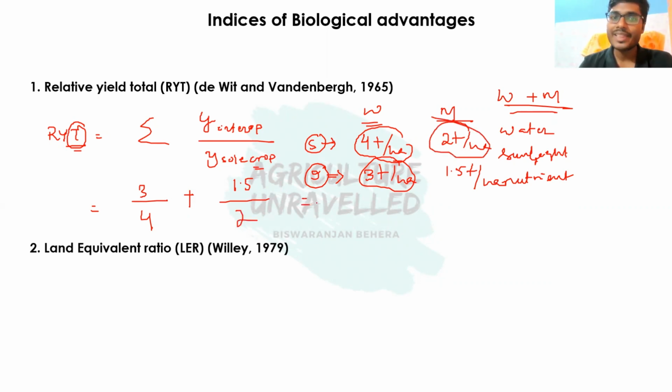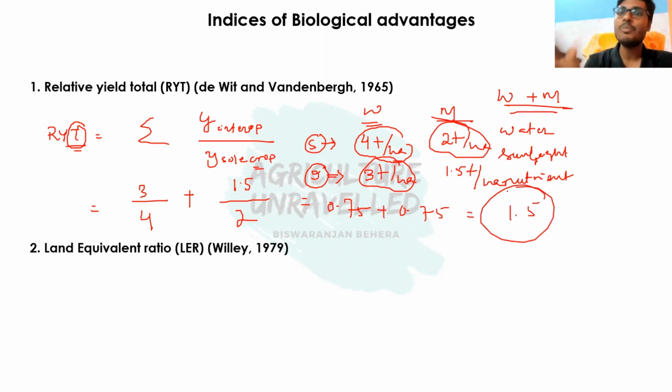Now we combine this: 0.75 plus 0.75 is 1.5. So the relative yield total of this wheat plus mustard system is 1.5. The calculation is simple. We calculate relative yield for individual crops, then sum them to get the relative yield total.